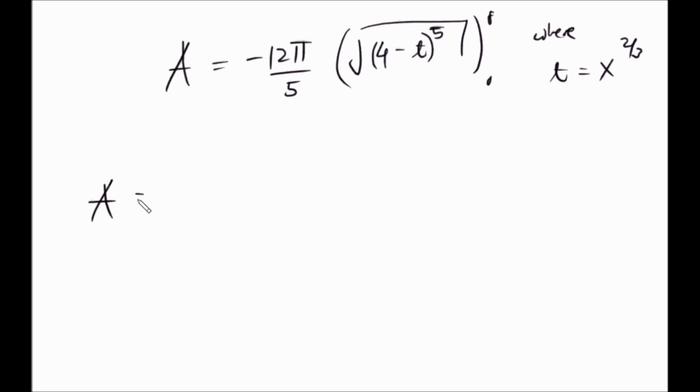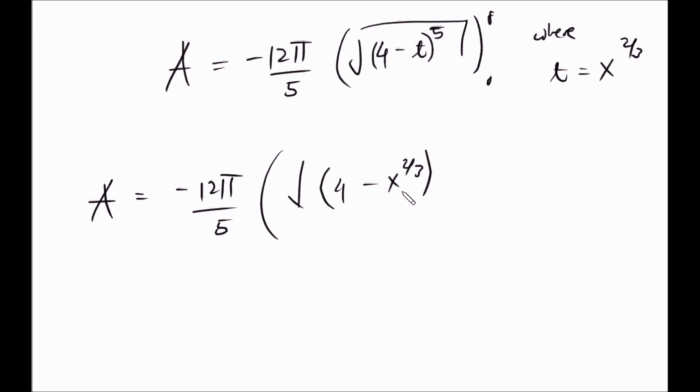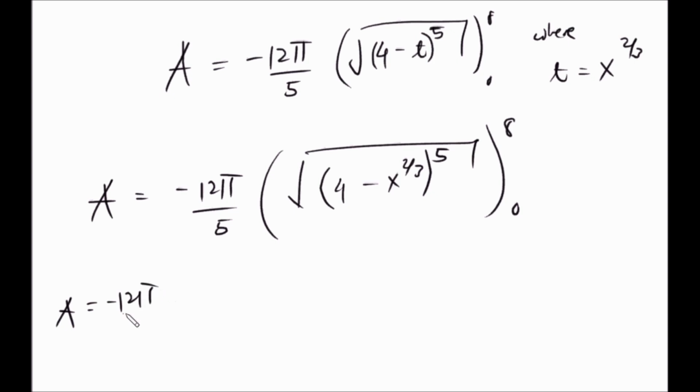So the area now is just going to be equal to, let's put in x now, negative 12 pi over 5 times the square root of 4 minus x power 2 over 3, all to the power 5, from 0 to 8. Now let's put in the limits of integration. The area will be negative 12 pi over 5. So we start with 8, so it will be 4 minus, by the way, this x power 2 over 3 is the same as saying x power 1 over 3 squared.